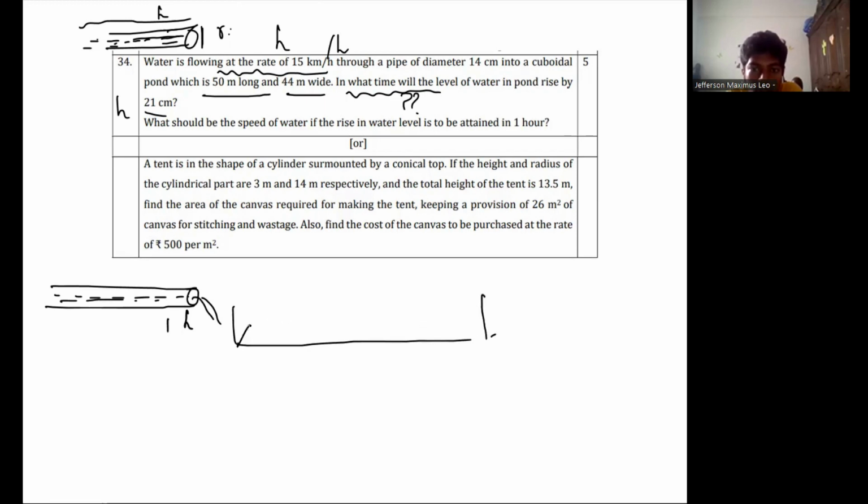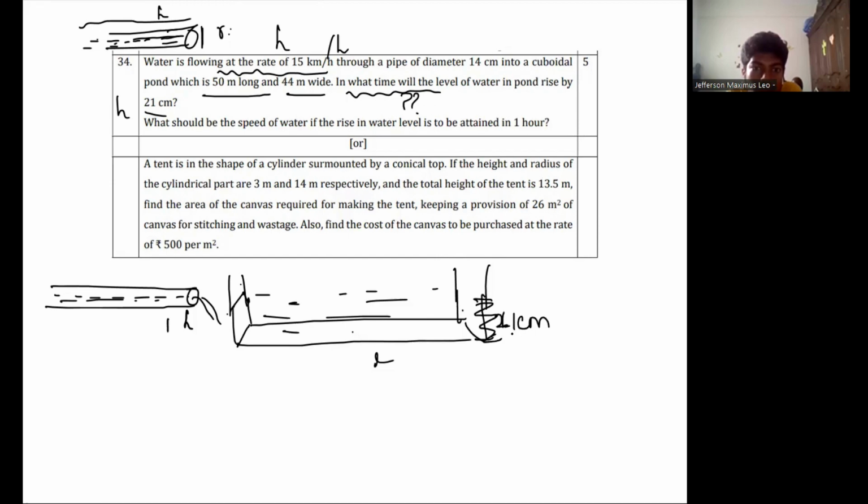The length is given, the breadth is given, the height is not given directly, but we are asked what will be the time to raise the water level by 21 centimeter. So for the water level to rise by 21 centimeter, how long will it take? That's the question.